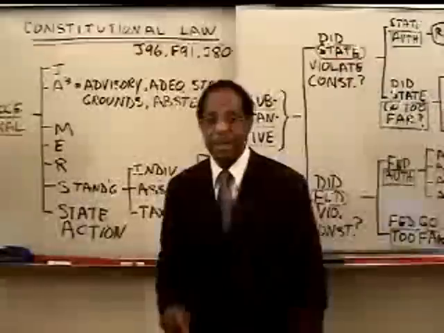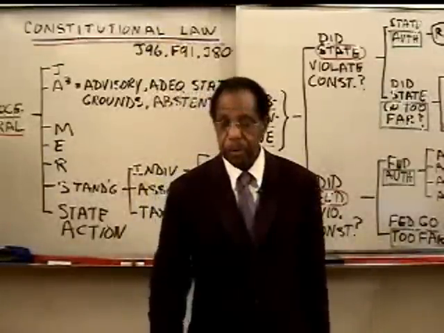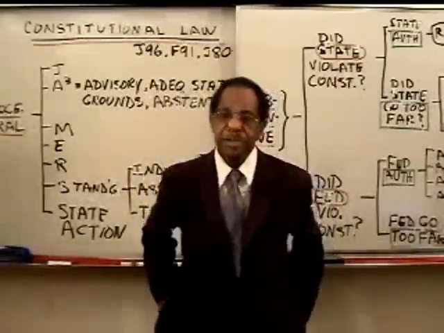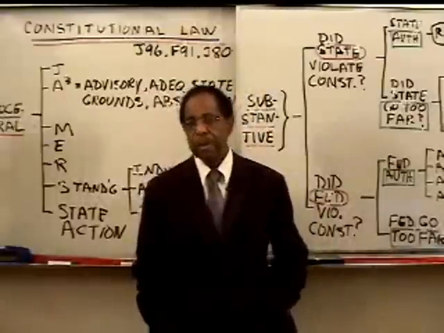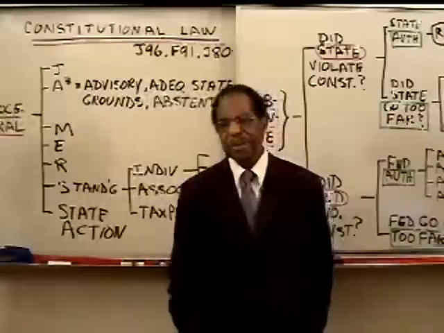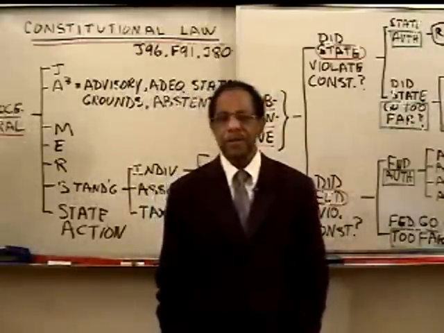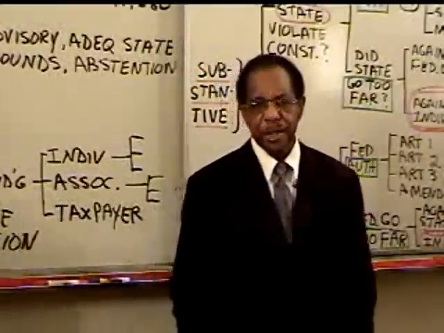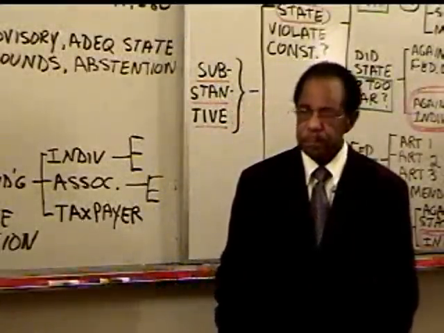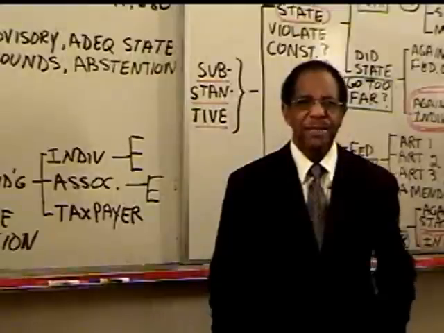Associations can sometimes have standing. You can see how the Sierra Club, the Anti-Defamation League, the NAACP, and various other organizations may have standing to assert the rights of their members.